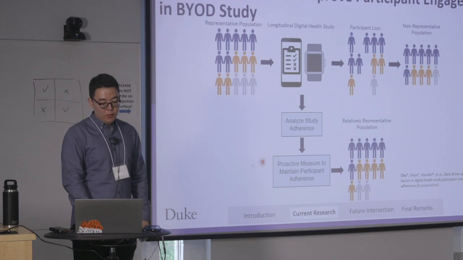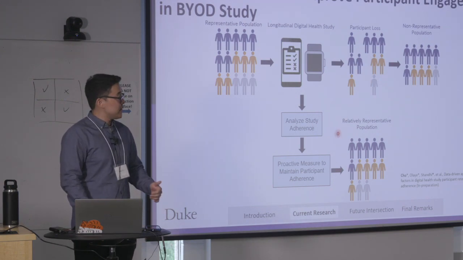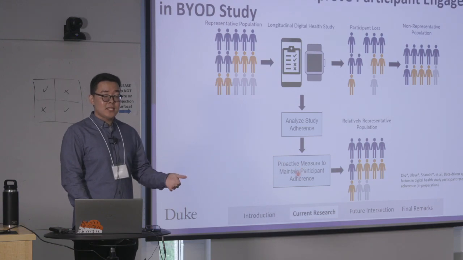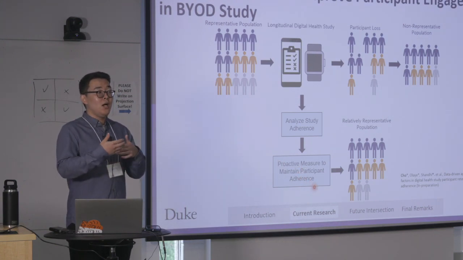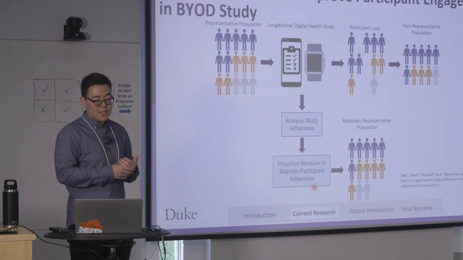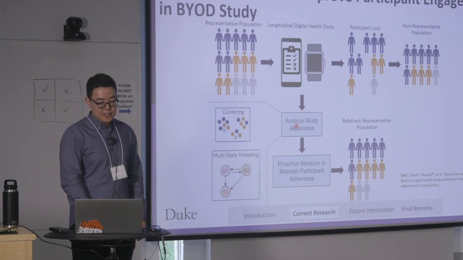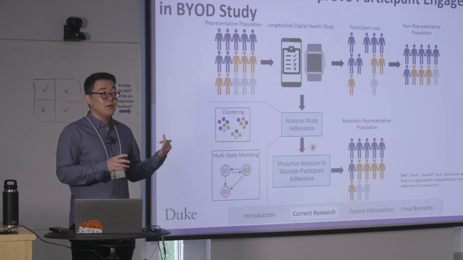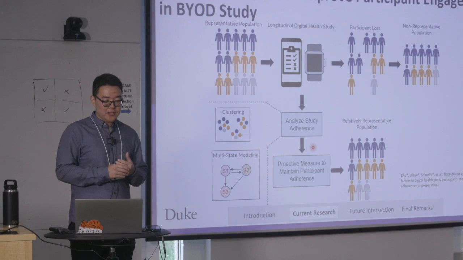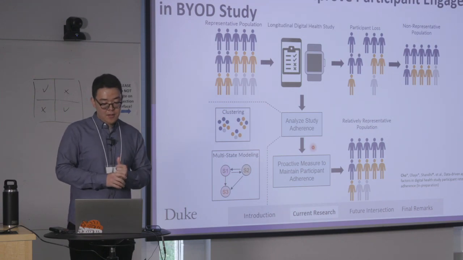Once we've done the study adherence analysis, we want to take proactive steps to maintain participant adherence, so targeting specific groups that we know will drop out of the study. And we're doing this analysis through unsupervised clustering and through multi-state modeling. This might be statistical modeling that folks here might be more familiar with.